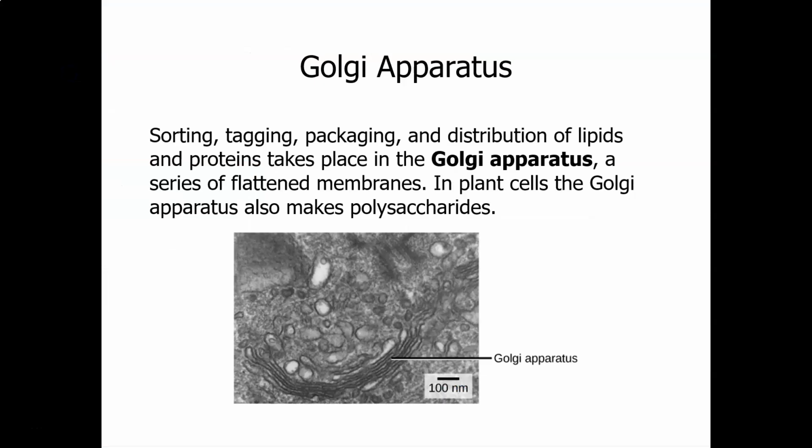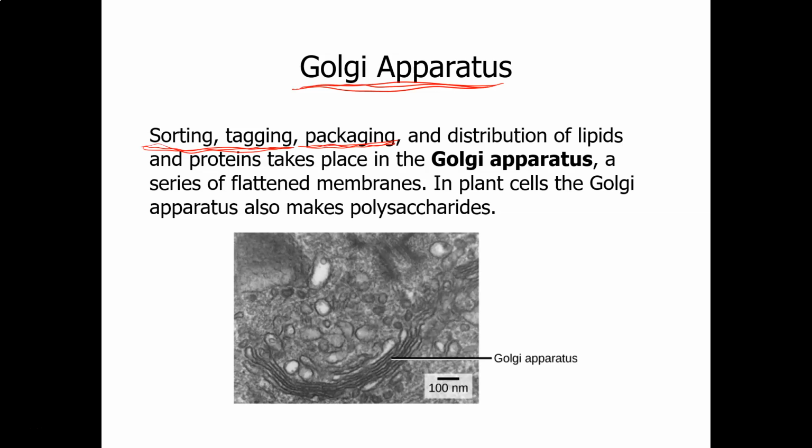So we were looking at organelles within the eukaryotic cell and the Golgi apparatus, or the Golgi complex, is an organelle whose function is receiving lipids and proteins from the endoplasmic reticulum, and then taking those products, sorting them, tagging them, maybe tagging them with extra chemical groups, then packaging them into a vesicle, and then distributing them either within the cell or outside of the cell by exocytosis.